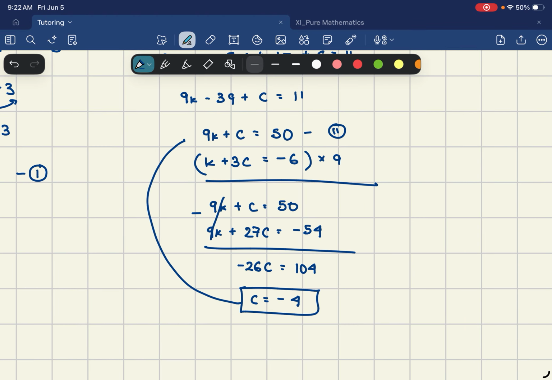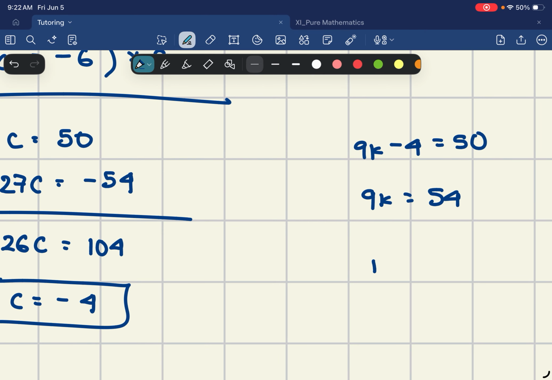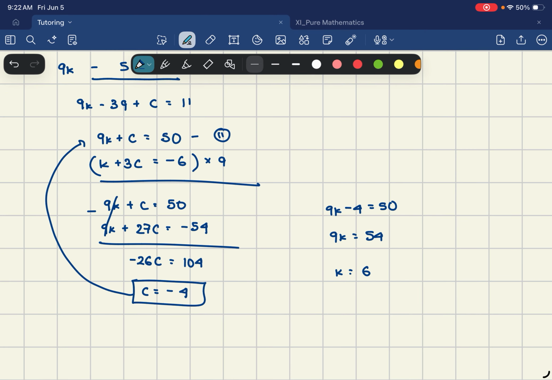And now you can substitute this here. 9k plus c is 50. So c was just negative 4, right? So 9k is 54, because if you add 4 on both sides, you get this expression. And k is just going to be 6.